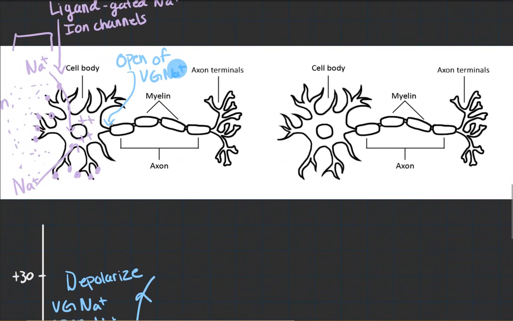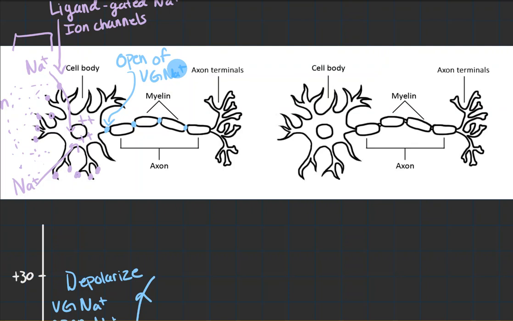Okay, so along the entire axon, you will get the opening of these voltage-gated channels. And this axon in particular has myelin. So in this case of a myelinated axon, the type of conduction of our action potential would be a saltatory conduction, or a jumping conduction, because what the myelin does is it physically blocks space on the cell membrane of the neuron.